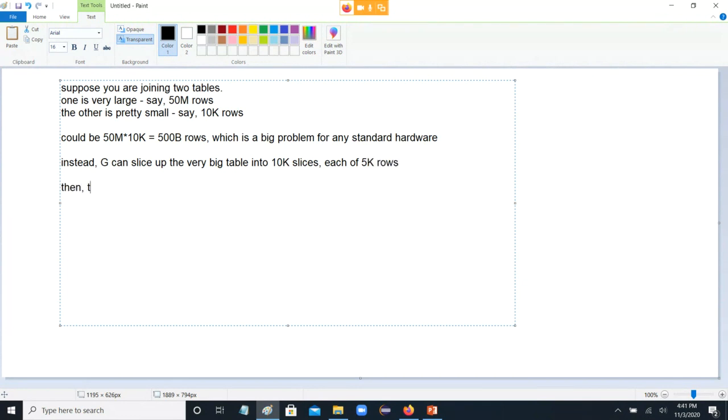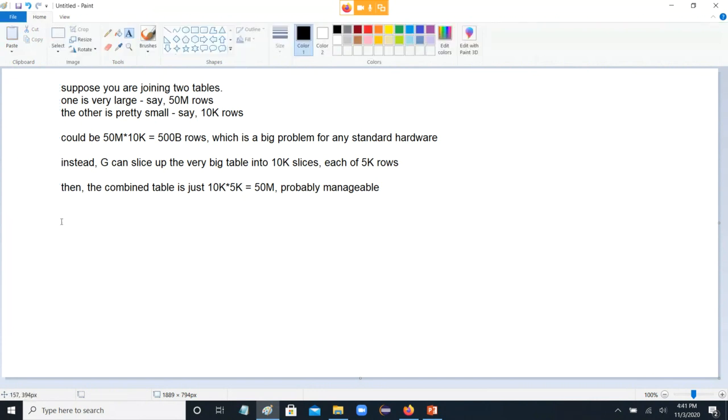Then the combined table is just what? Even if we're somehow multiplying them together, that combined table is just 10 times 5 million, right? 50 million. Probably manageable, right? If the organization could keep 50 million rows on one machine, well, then the combined table, 10K times 5K, is probably manageable.